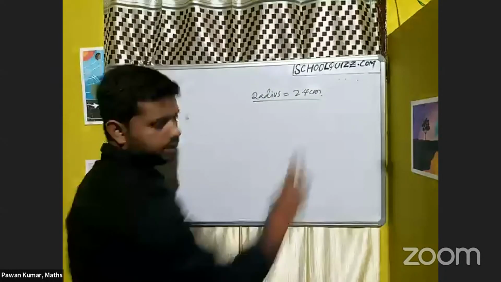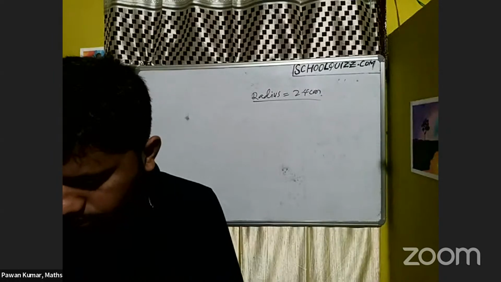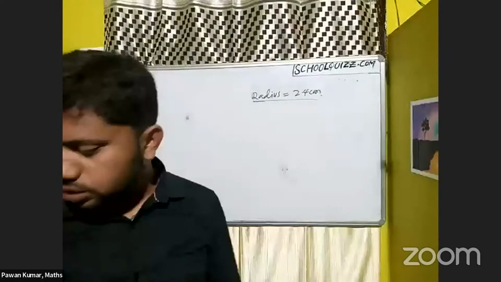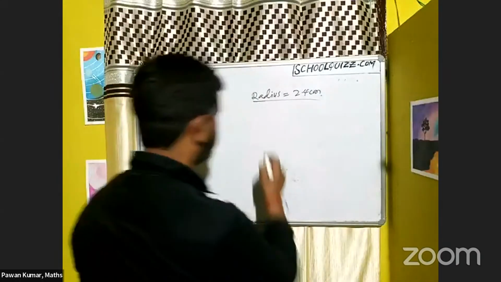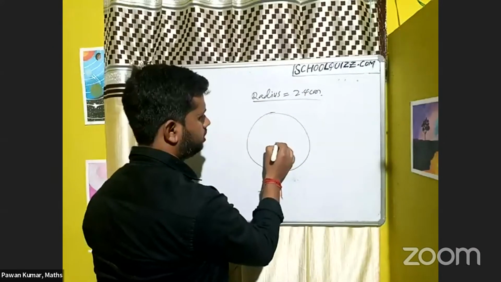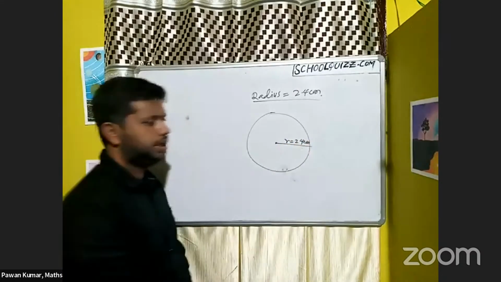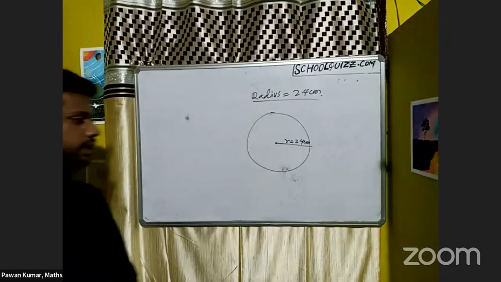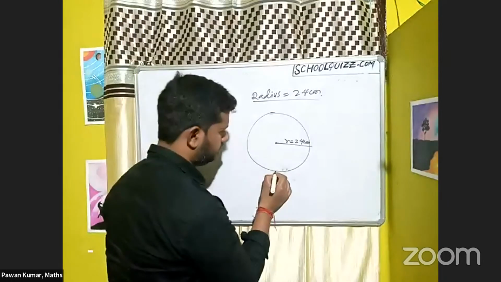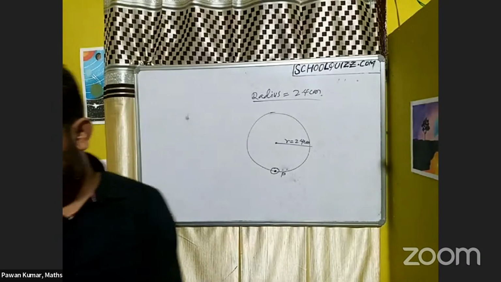Then they mention you take a point P on it. So you have to take a point. Suppose I draw a circle of radius 2.4 centimeter. They ask you to draw a point on the circle, correct? So let this be the point P on the circle.